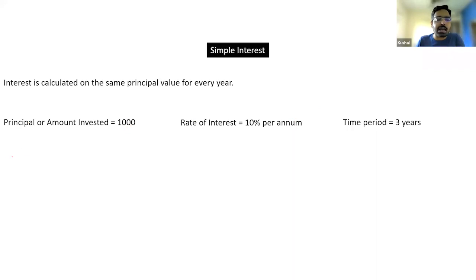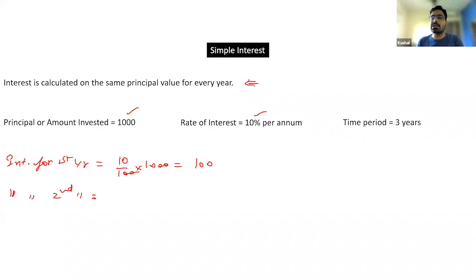Suppose I wish to calculate the interest for the first year alone. That has to be 10% on 1,000 rupees, which is equal to 100 rupees. So that 100 rupees will be the interest for the first year. Now, as the concept suggests for simple interest, the principal value for the interest calculation for every year remains the same.